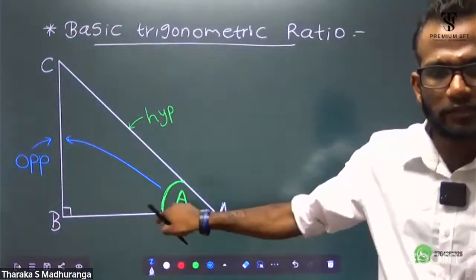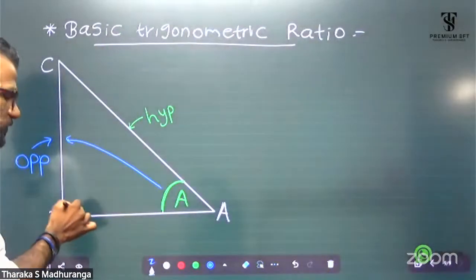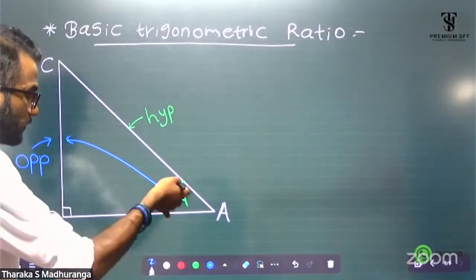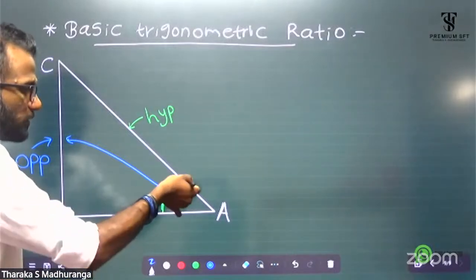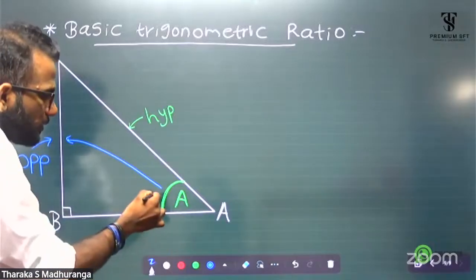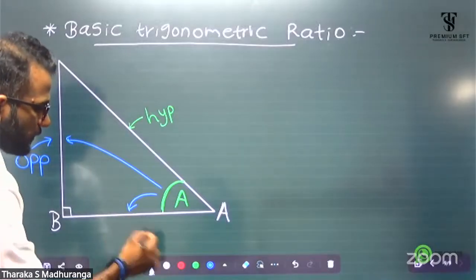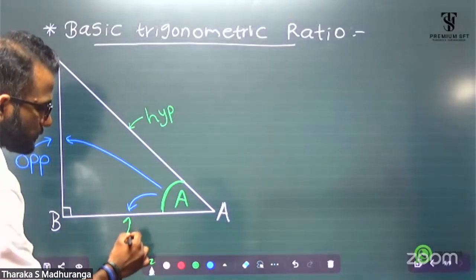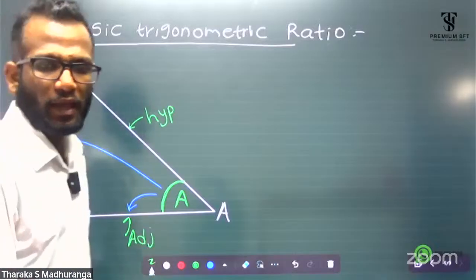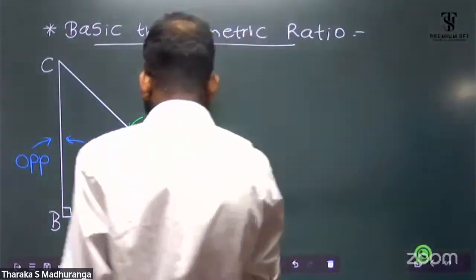Then what is the remaining one? The side along with this angle we call the adjacent side. I hope they already know.